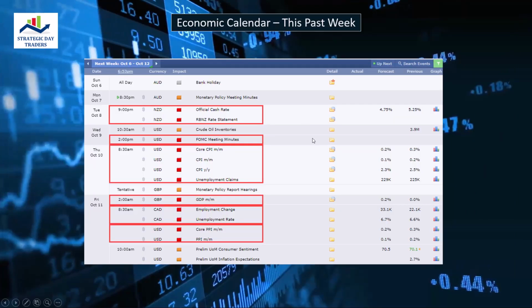This past week, here's what we were looking at. On Tuesday, as I made sure and let all of you guys know, look out for 9 p.m. Eastern Time. Very unusual time for significant reports, but in the Forex world, we do pay attention to the reports globally.